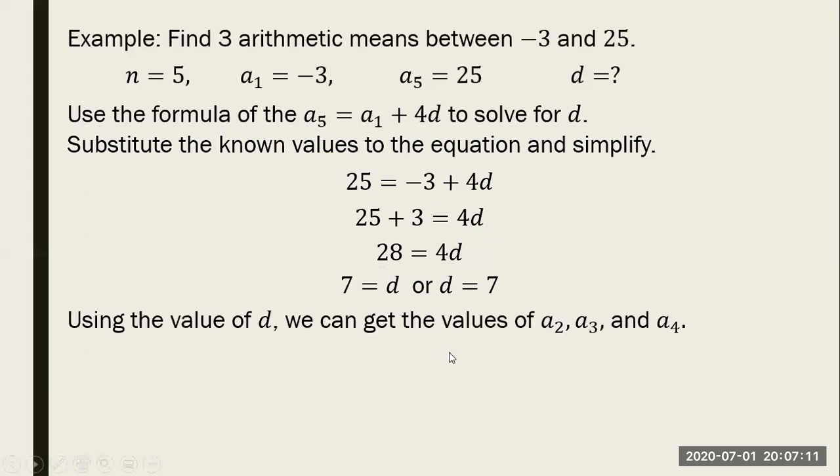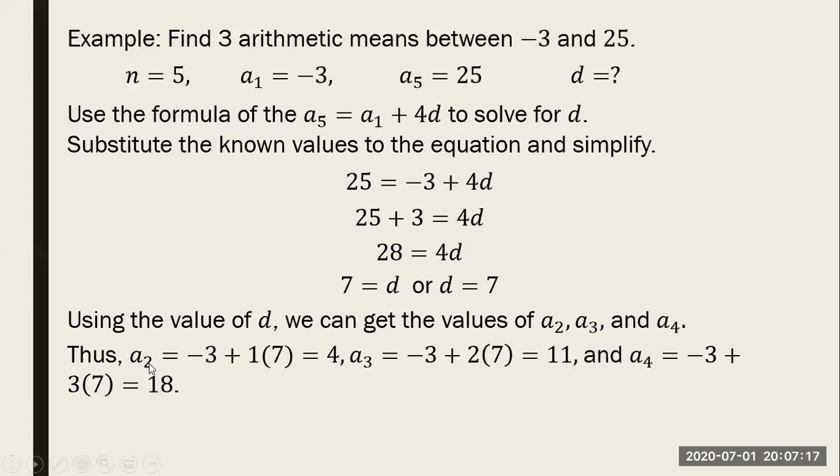Using the value of d, we can get the values of the second term, third term, and the fourth term. So thus we have a sub 2 is equal to negative 3 plus 1 times 7. So saan kinuha yan? Dito siya kinuha. So 2 naman tayo. So first term is negative 3. So since 2 yan siya dito, dapat ang coefficient ng ating d is 1. Minus 1 palagi. So simplifying, we have the answer is 4.